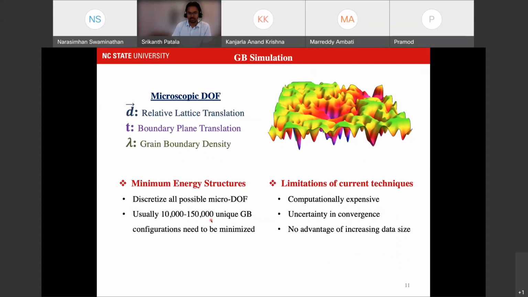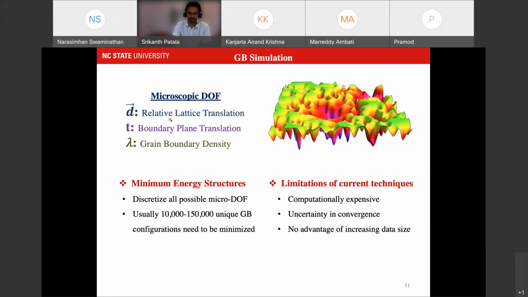So very quickly, in terms of the atomistic simulation itself, the traditional way of performing grain boundary simulation is you construct what's called a bicrystal. So you take 2 grains, 2 crystals, have them misoriented, give them a specific misorientation and a boundary plane orientation, and then we make what are called microscopic changes to the structure.